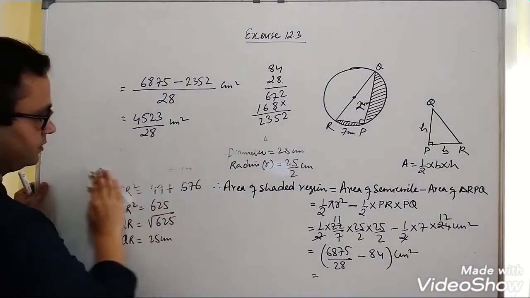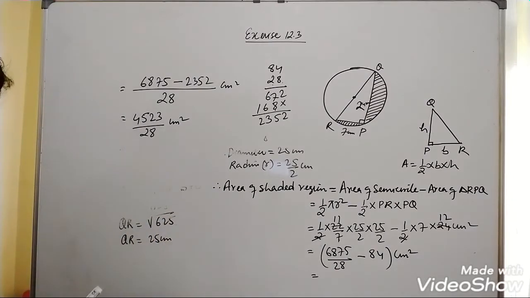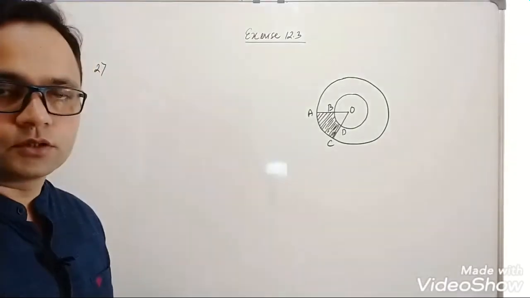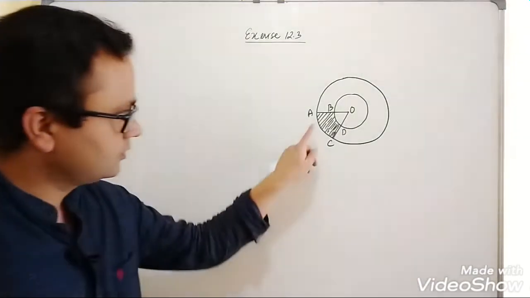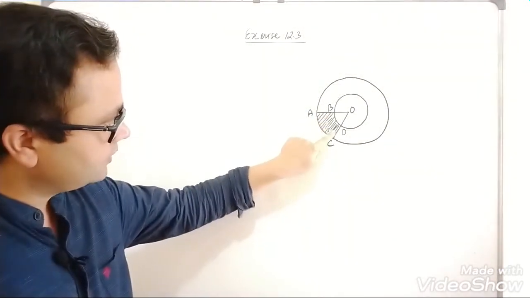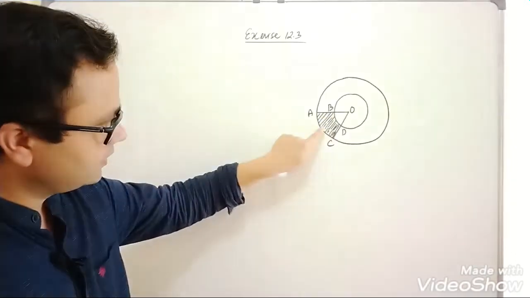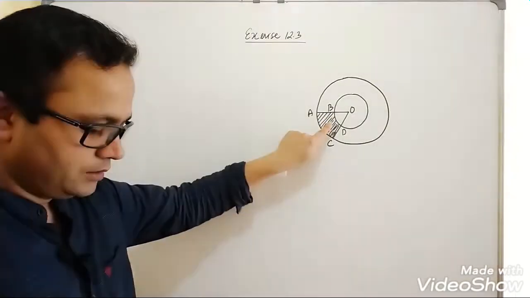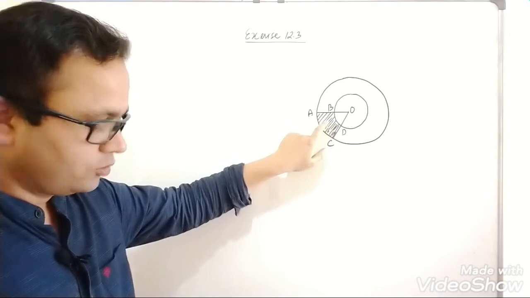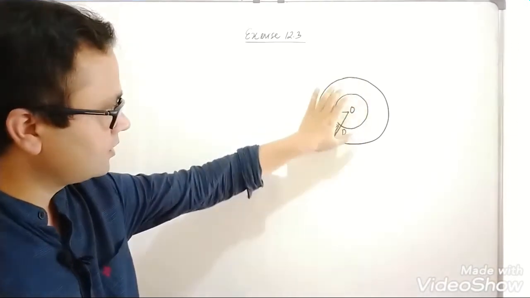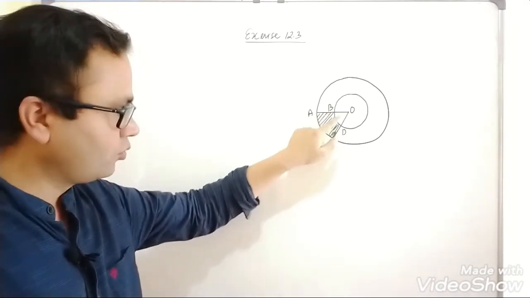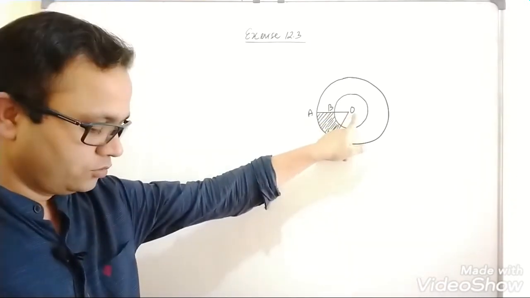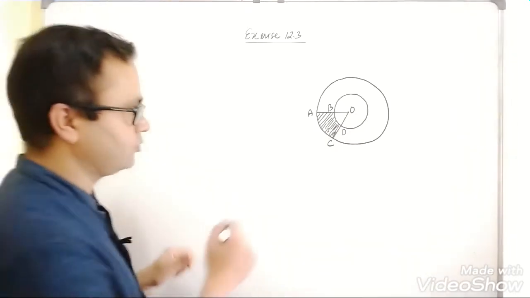Now move to question number 2. Question number 2 is: find the area of the shaded region. We have to calculate this portion, the area of the shaded region. In the figure, the radii of two concentric circles with center O are 7 cm and 14 cm.